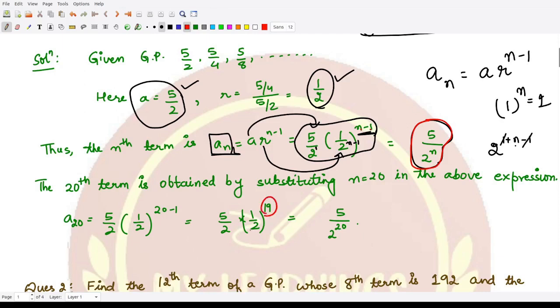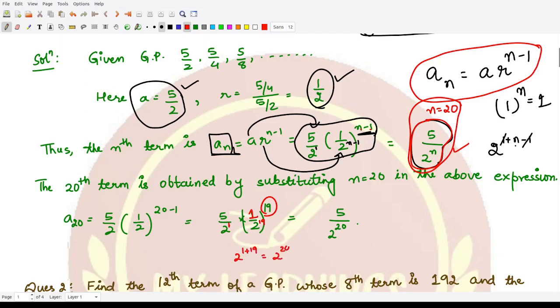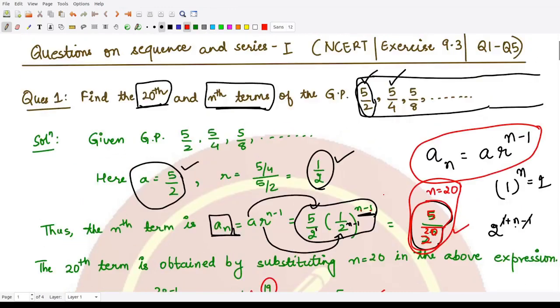Again, you can either directly put the value of n is equal to 20 in the nth term expression and have your answer, or you can go by this formula and solve. 1 raised to power 19 is again 1, multiplied by 5 is 5. Here 2 raised to power 1, here 2 raised to power 19. So 2 raised to power 1 plus 19 would give you 2 raised to power 20. So 5 divided by 2 raised to power 20 is our answer. So this is it for this question.